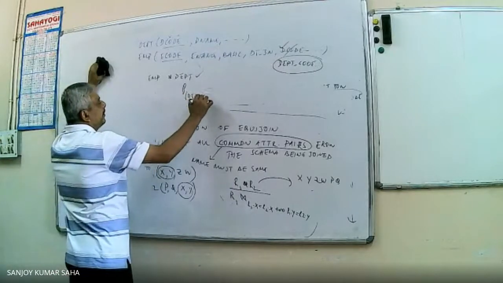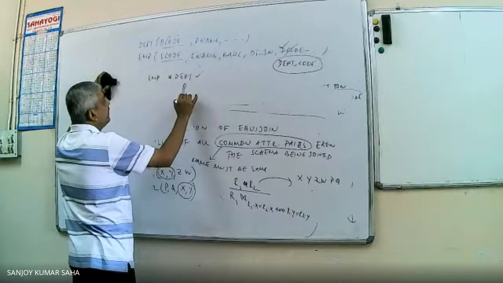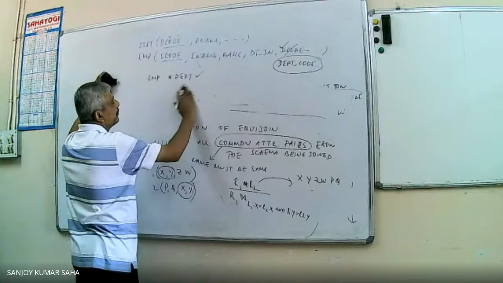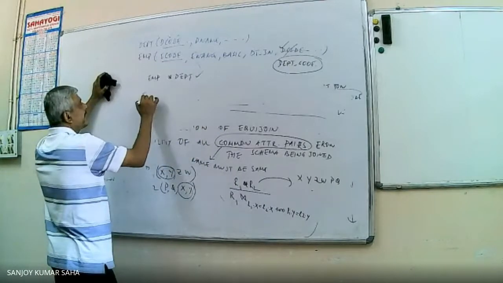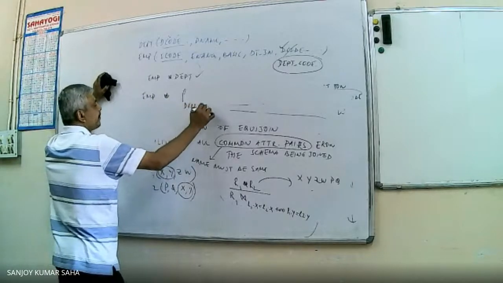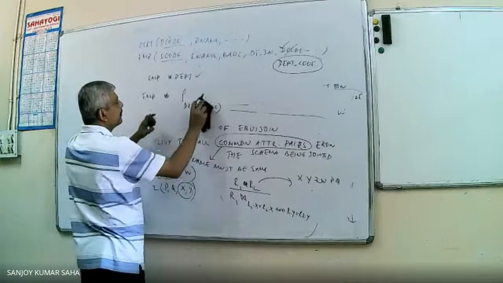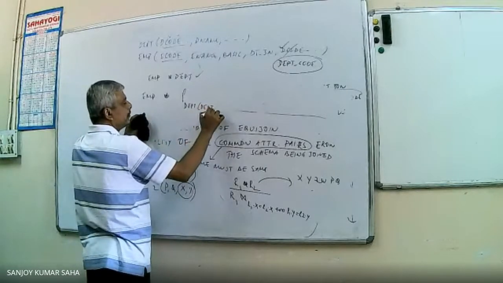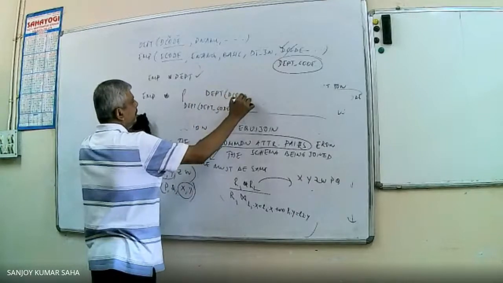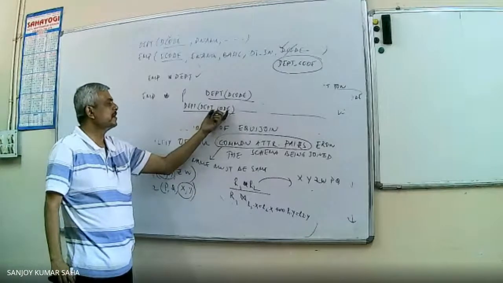I can write rename department dcode, so I am writing M star, where this department dcode is renamed keeping the same department underscore dcode.